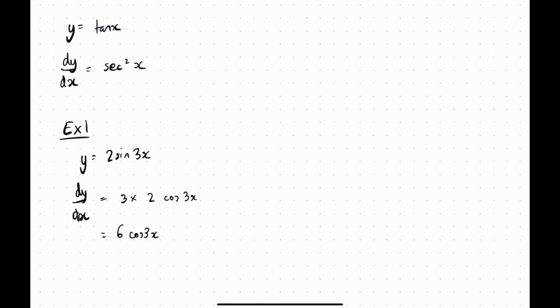Okay, so what it wants to know is y equals sine of ax plus b differentiates to a cos of ax plus b. Is that okay? Cool. Same for cos.